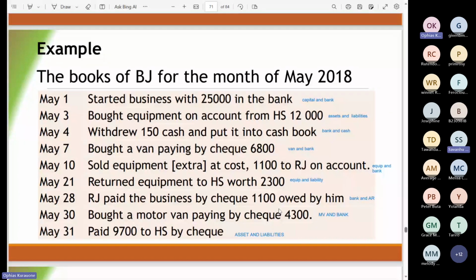Then on the other side, we want what we paid. Bank paid 150 to cash, then you write 150. Then bank paid 6,800, and you credit again. Then bank bought a motor van 4,300, then you credit. Paid 9,700, then you credit.